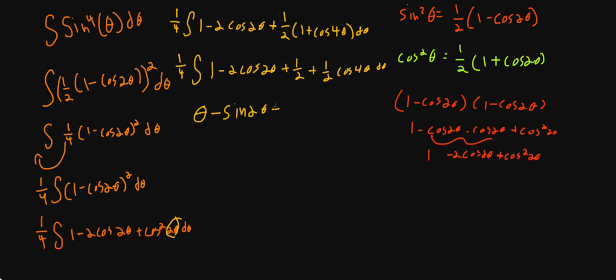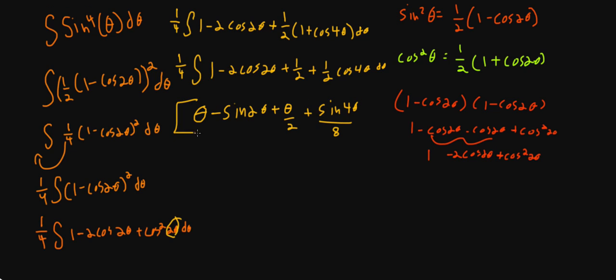Plus, the integral of 1/2 is just theta over 2. And then the integral of 1/2 cosine 4 theta is sine 4 theta over 8, because if you take the derivative of this, you get cosine of 4 theta times 4, so we need it to be 1/2 cosine 4 theta, so we divide that by 8.